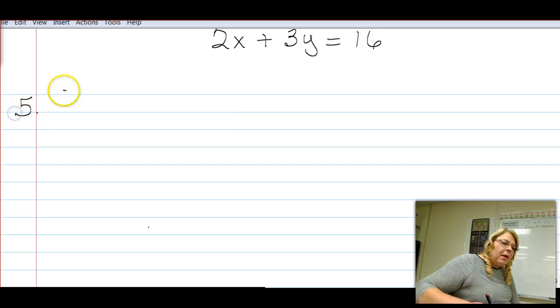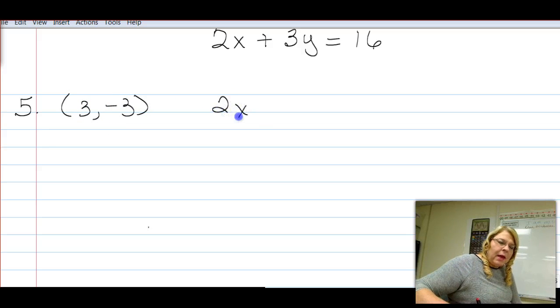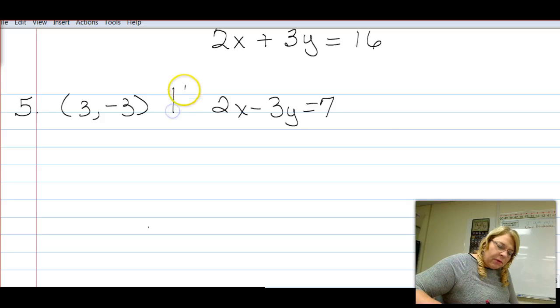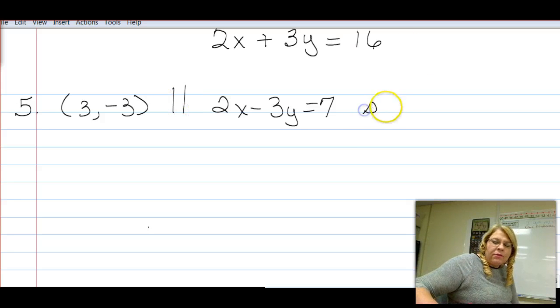Number 5. It says I have the point 3, -3, and I have the line 2x minus 3y equal 7, and they want the line parallel to the given line going through the given point. When I am asked for something parallel, I'm asked for the same slope.